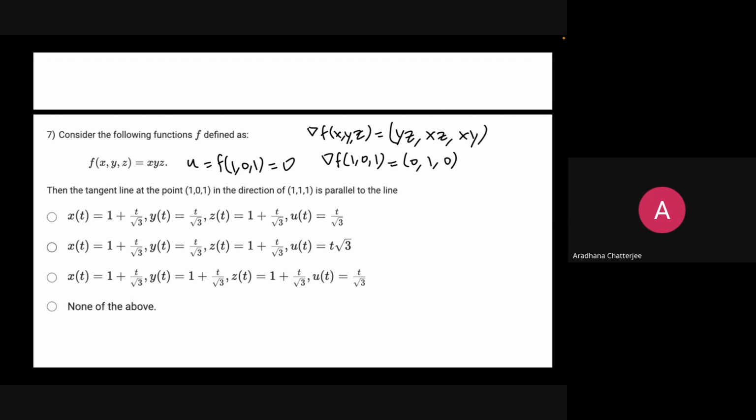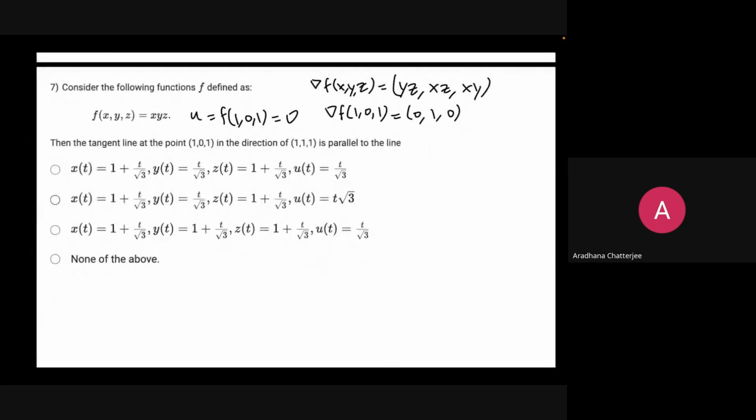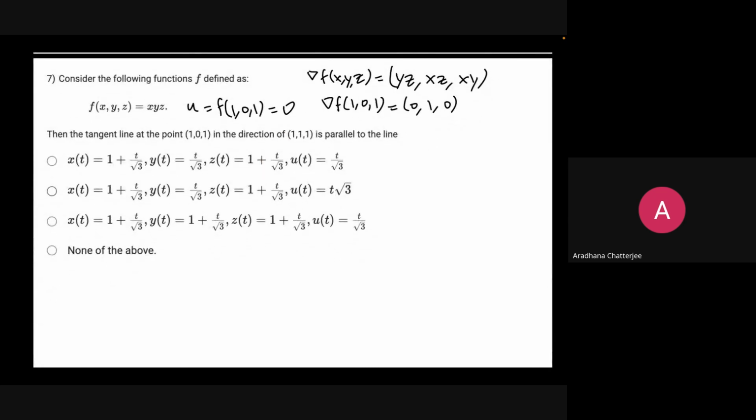Now we also have the direction (1,1,1), so we need to normalize it. The direction is also u, but let's call it v here because they're already using u in the parametric equation. So the direction v is equal to (1,1,1) divided by the norm.